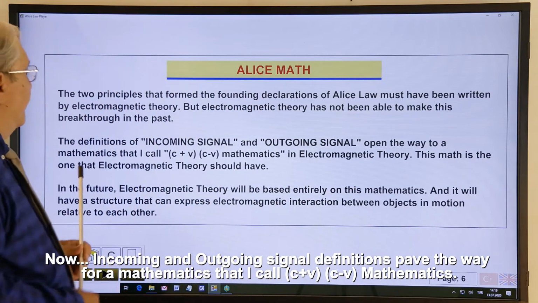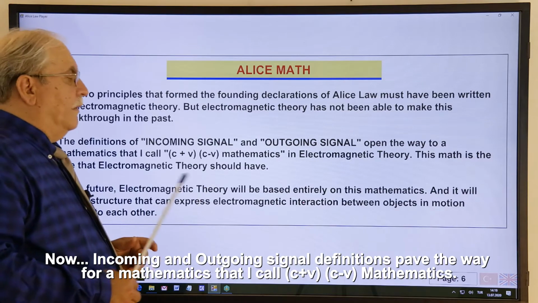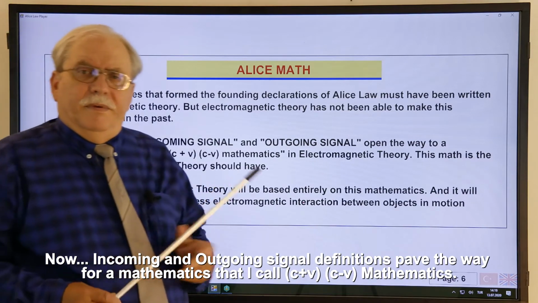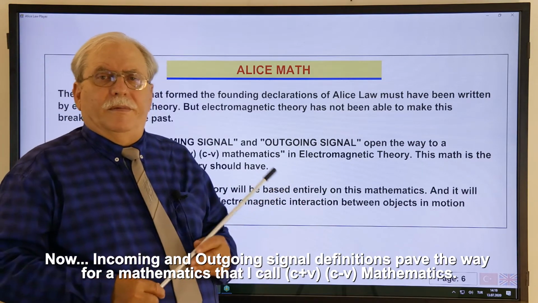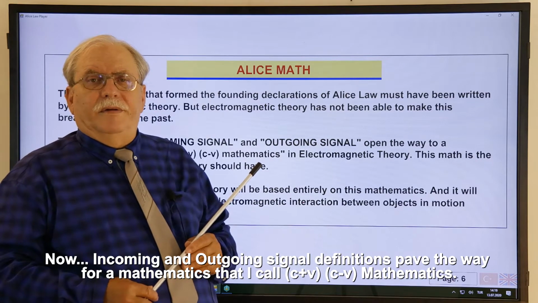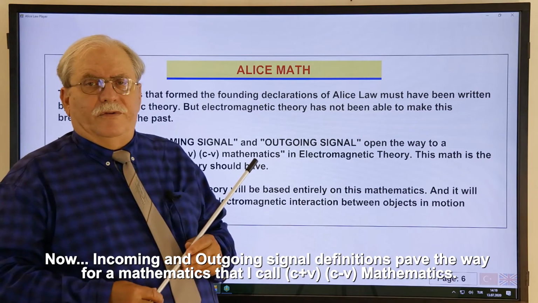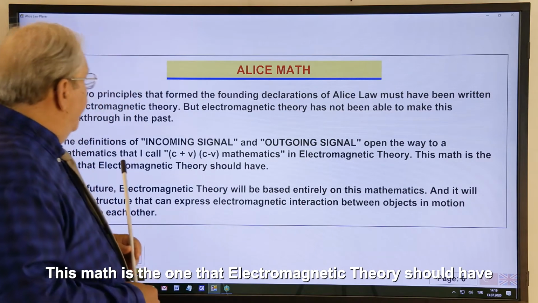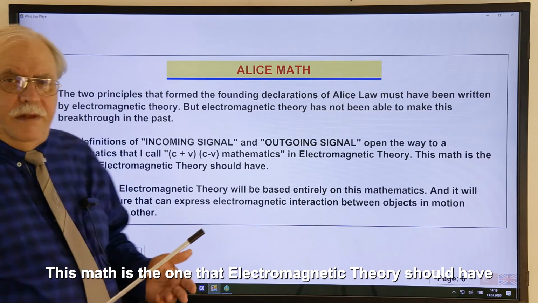Now, incoming and outgoing signal definitions paved the way for a mathematics that I call C plus V, C minus V mathematics. This math is the one that electromagnetic theory should have.